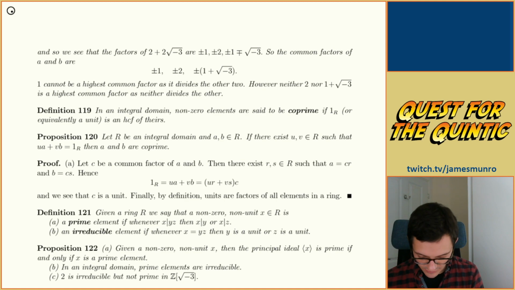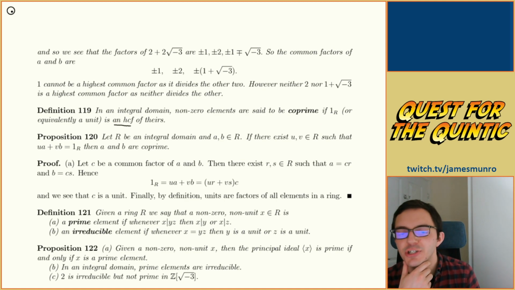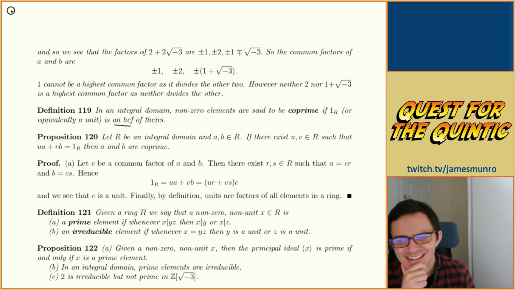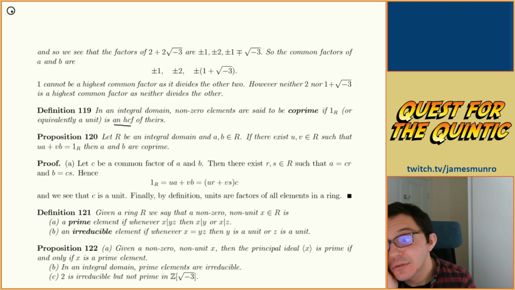I don't love this. If one is the highest common factor, an HCF. So it'd be coprime if, equivalently, a unit is the highest common factor of theirs. It's just so annoying to think of, right?